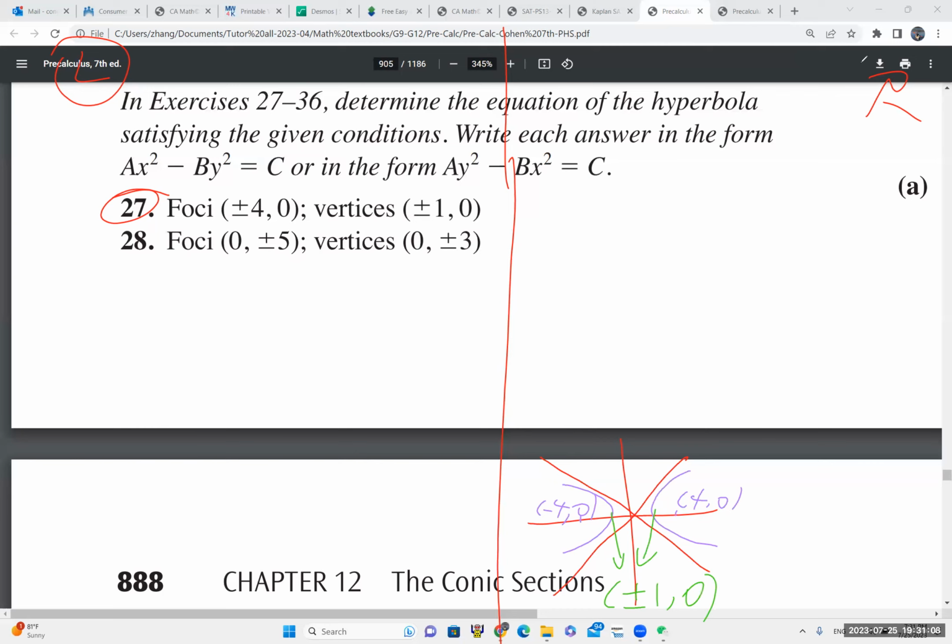The formula should be written in the form x squared over a squared minus y squared over b squared equals 1. Yeah, please try.